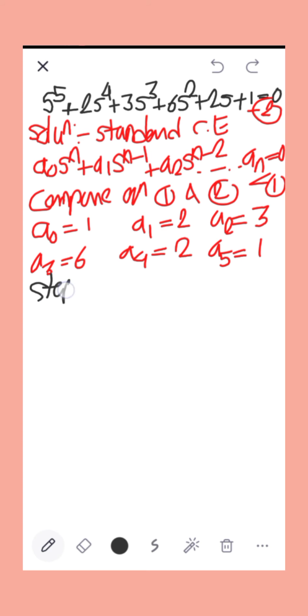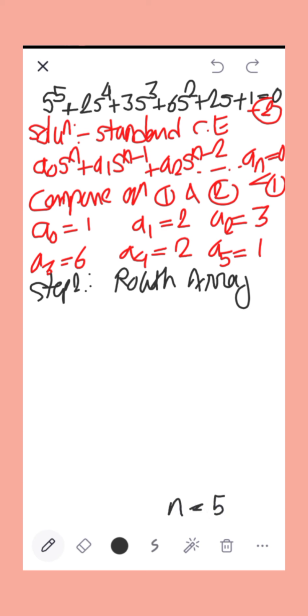step number 2, Routh's array. It will start from s to the power n, and here n is 5. So s to the power 5, okay, so s to the power 4.